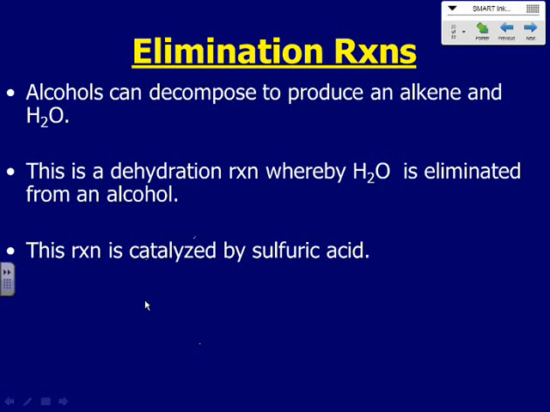Alcohols can also undergo what is called an elimination reaction. So they can decompose to produce an alkene and water. This is called a dehydration reaction because water is eliminated from the alcohol and this reaction is catalyzed by sulfuric acid. Sulfuric acid absolutely loves water. When I make a sulfuric acid solution from concentrated sulfuric acid and I add that concentrated sulfuric acid to the water, it gets super hot.